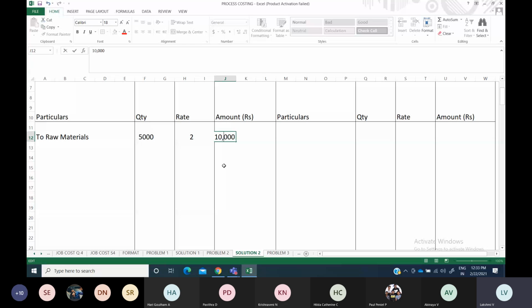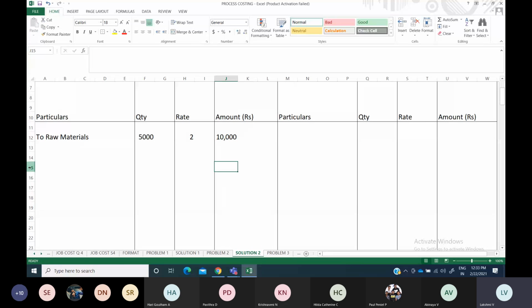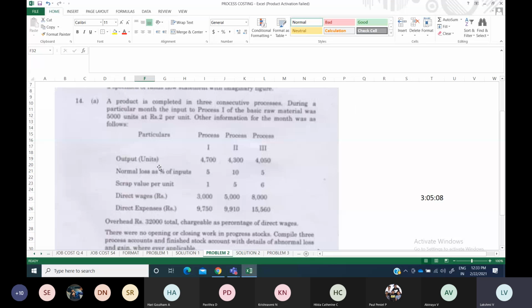So next, sometimes some additional raw material also will be introduced here. But in this question, there is none. Output is different. Input means here for process 1, they are feeding that 5,000 units as the input. Output is 4,700 for the first process, and these are all the output information.